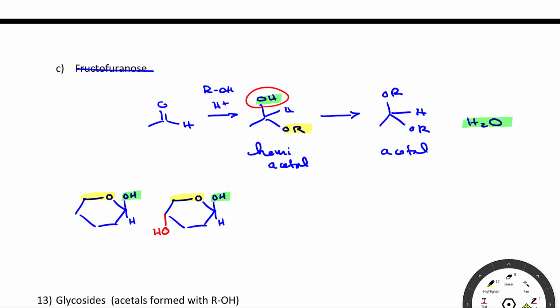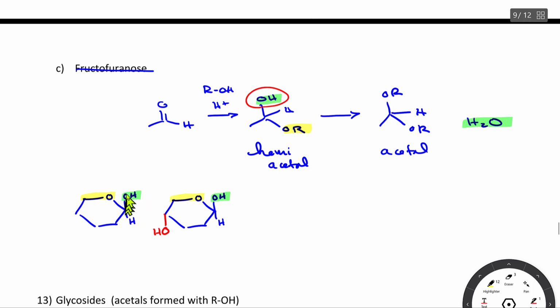So in the drawing that I've done now, you'll see that when I link these from 4 to 1, what's going to happen is this green group that's here is going to leave as a water. The direction in which this bond goes is determined by where this OH is, because that one is fixed in the sugar.